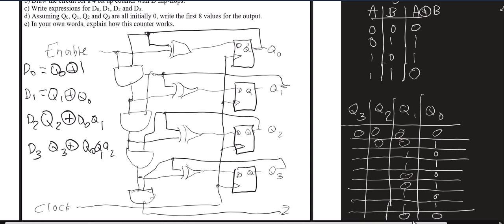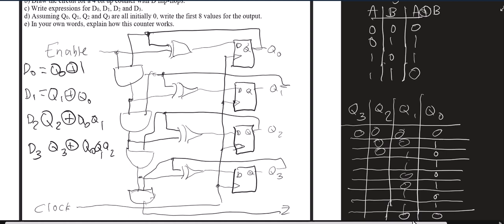Okay, so now the AND of 0 and 1 is 0, and the exclusive OR of 0 and 0 is 0. The AND of 1 and 0 is 0.